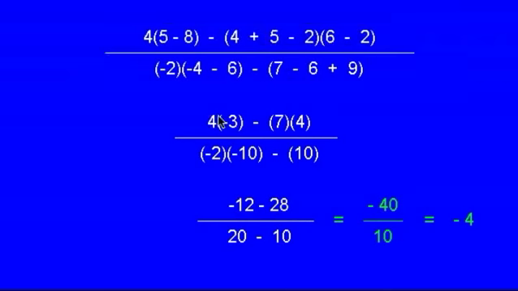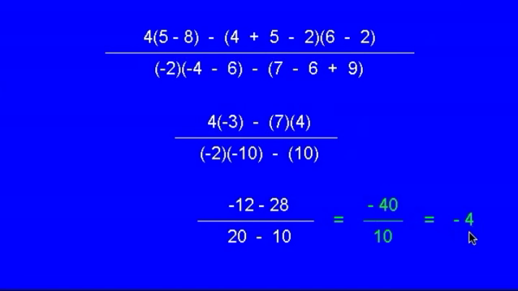But here we have subtraction, so we want to do these separately. 4 times negative 3 is negative 12. Keep the subtraction sign. 4 times 7 is 28. Negative times a negative is a positive 20. Subtract 10. Negative 12 minus 28 is minus 40. 20 minus 10 is 10. We do the division. 1 negative, that's negative.